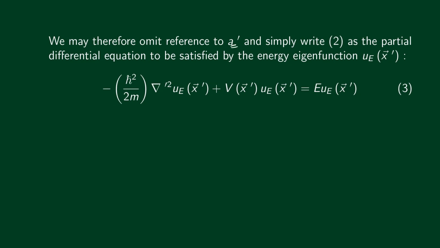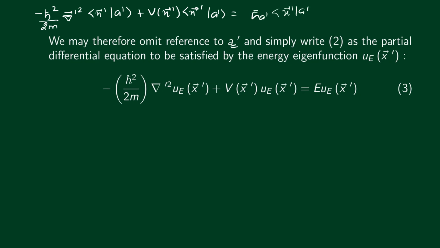Right? And we had this equation. Let me write this equation here again. This equation was minus h bar squared divided by 2m del vector prime squared acting on bra x vector prime ket a prime plus V of x vector prime bra x vector prime ket a prime, this is equal to E_a' multiplied by bra x vector prime ket a prime, right?